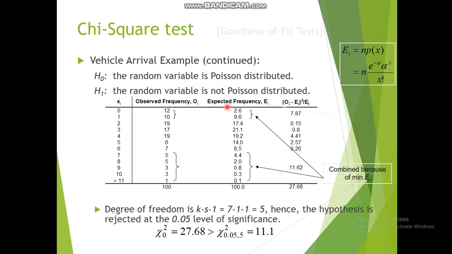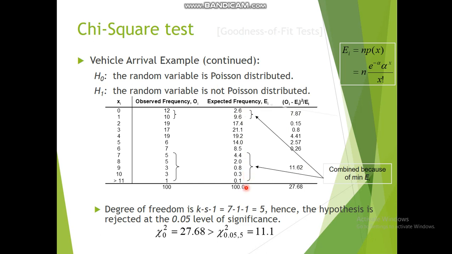Suppose the expected frequency is below 5: here 2.6 is less than 5, 4.4 is also less than 5, 2.0, 0.8, 0.3 and 0.1 are all less than 5.